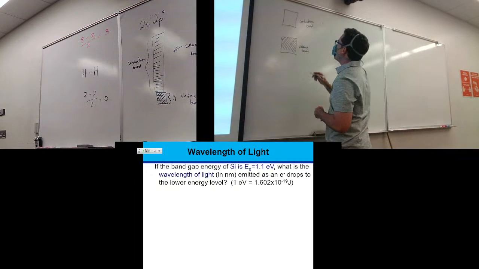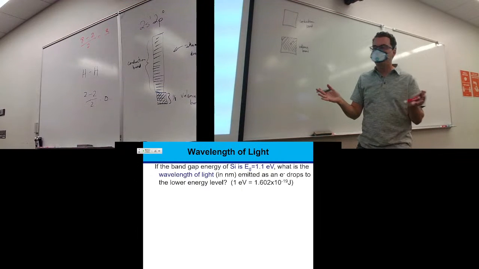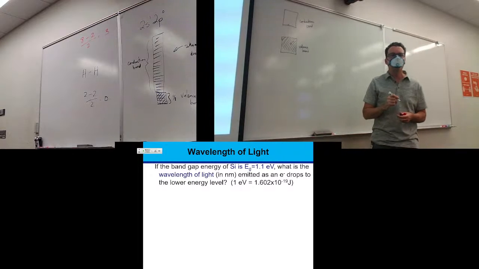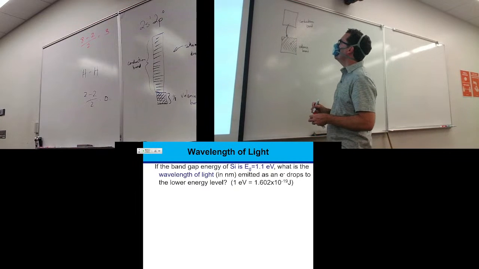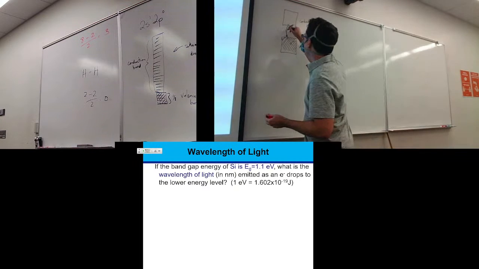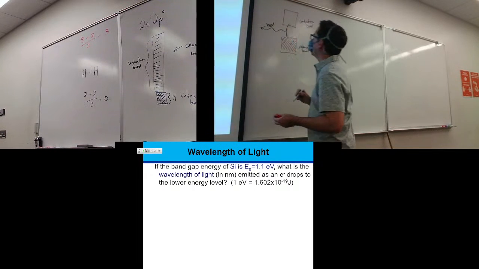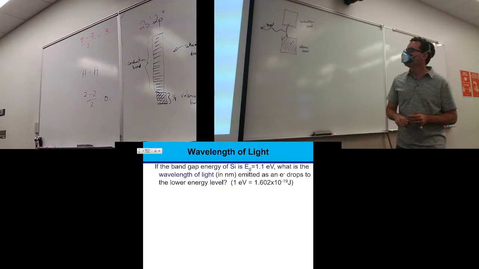Right, these are all electrons in here, but it's excited. This piece of silicon has been excited already, meaning there's a couple or maybe one electron that's already in the conduction band. It's mostly empty except for a couple of electrons. Well, this electron is going to drop back down, and when it drops back down, it relaxes. It's going to release light. Right, hν, that's our symbol for light. What is the wavelength of that light?